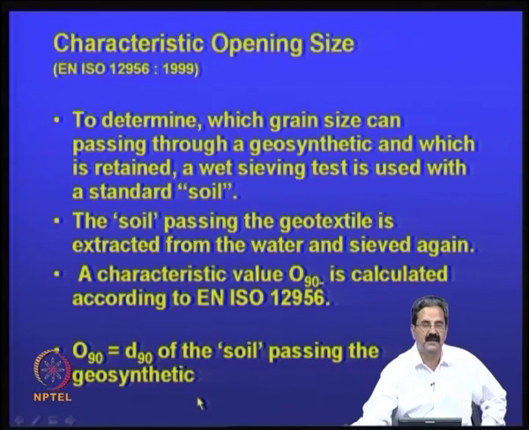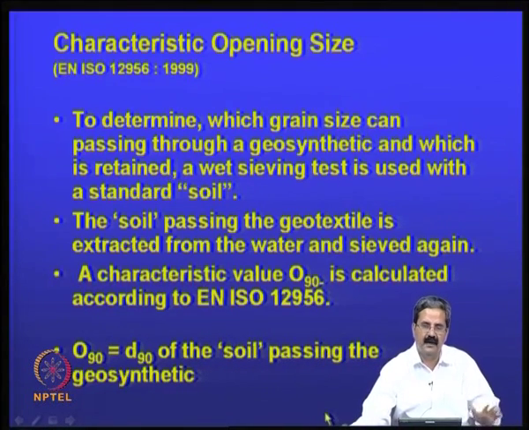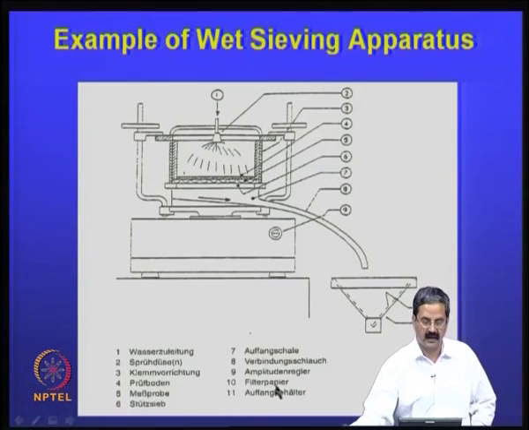It is very clear that you may have a material with some small size, it can be 0.01 only, but when you do a proper analysis like this, that becomes the O90. Because this is very important to define the filtration criteria in geosynthetics, we will see that later. The test is done by putting water and using different sieves.